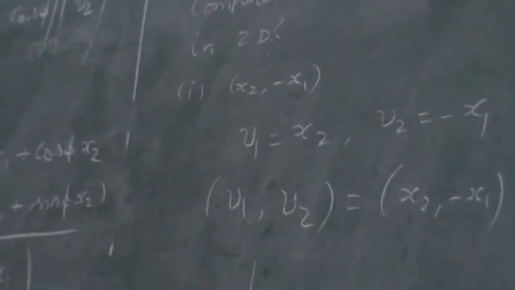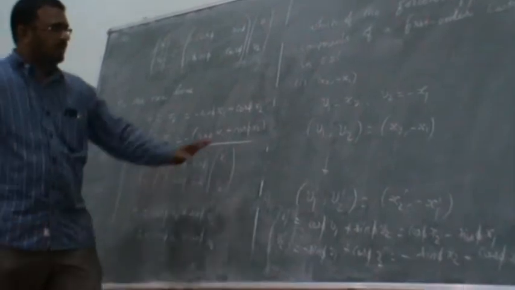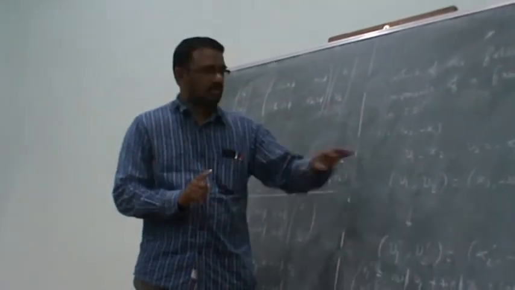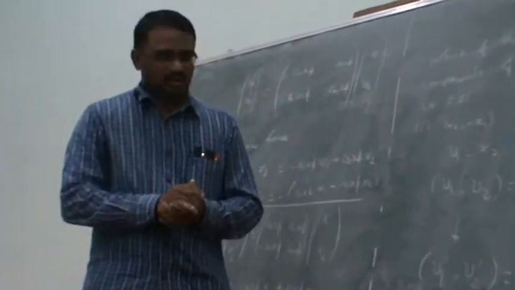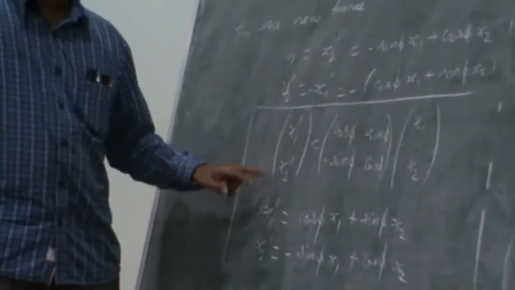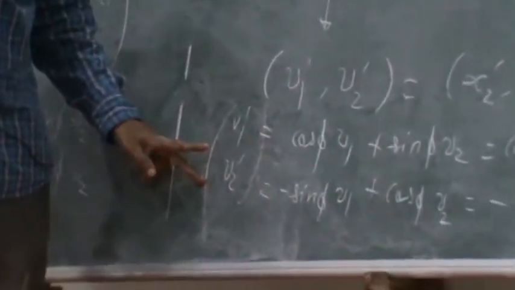So I will repeat once again. The method is, first identify v1 and v2 as the coordinates given here. Write the transformation rule for x1 and x2, x1 prime, x2 prime explicitly. And also write it for v1 prime and v2 prime. Okay?